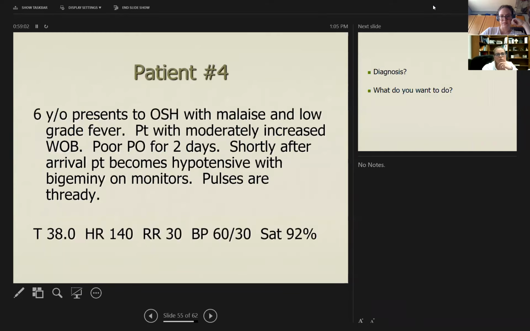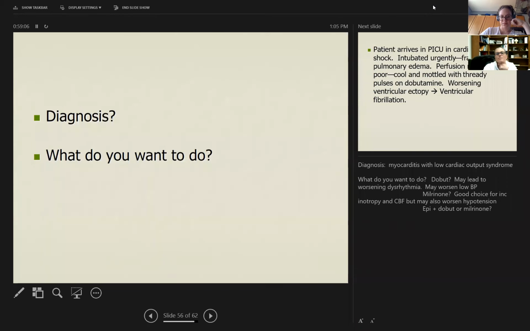I gave you a clue. She's got bigeminy. Yeah, cardiogenic, so something affecting the heart. Okay, so what affecting the heart?